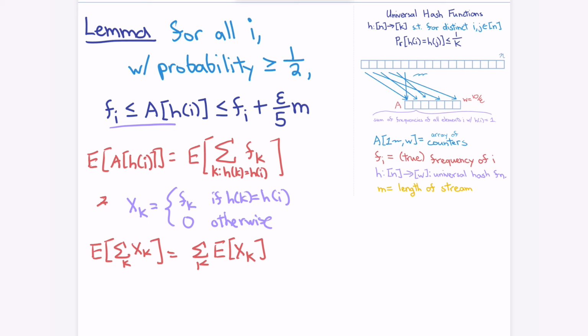Whenever you have a sum where, if some random thing happens, you add this term, you can always have an indicator variable that's 1 if that event happens and 0 if it doesn't, times f sub k.